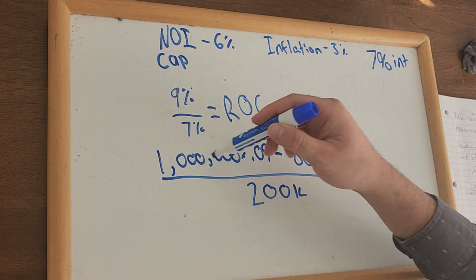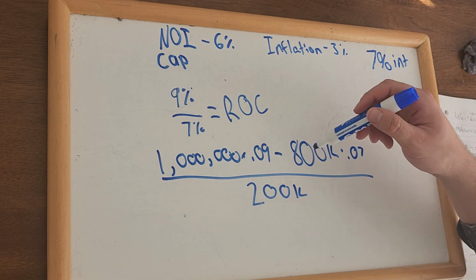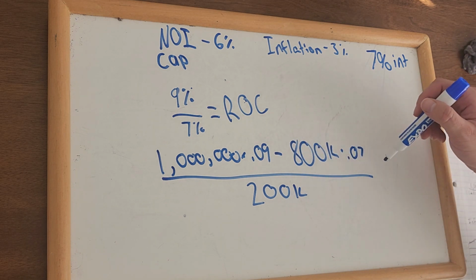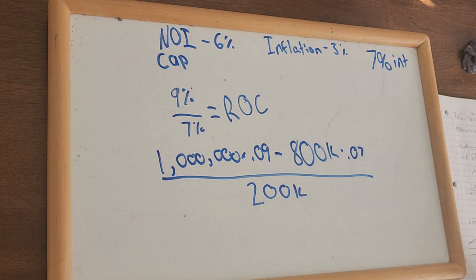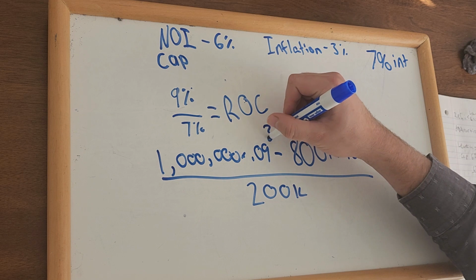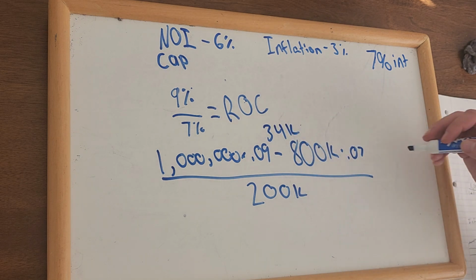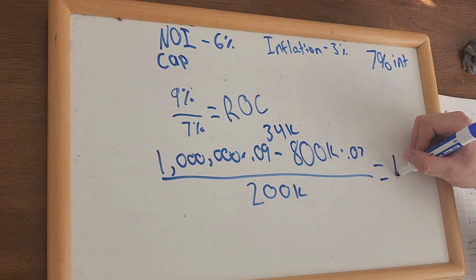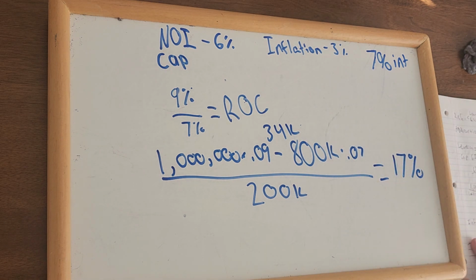Okay, well, 1 million times 0.09 is 90,000. 90,000 minus 800,000 times 0.07 is 90,000 minus 56,000, which is 34K. And so we take 34K, we divide that by 200,000, and we get 17%. Okay? Now, what if I put all of it in?